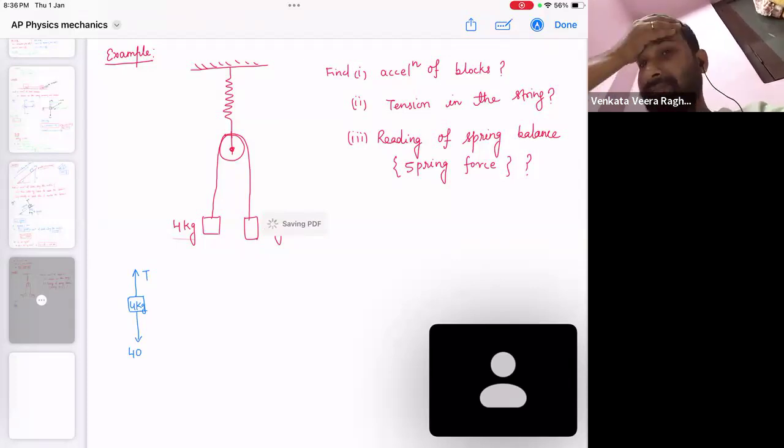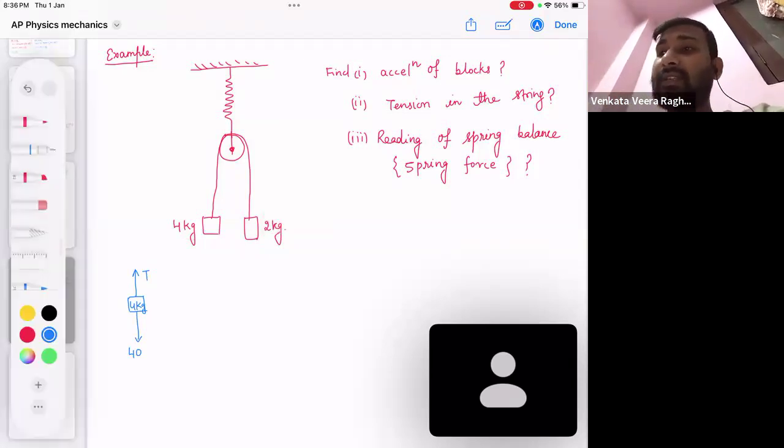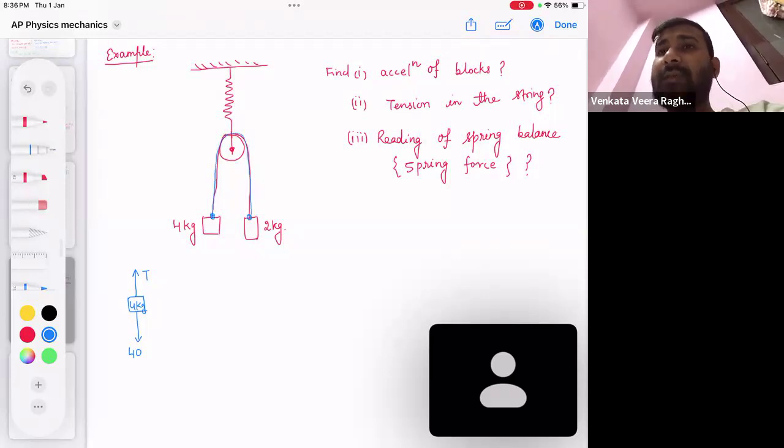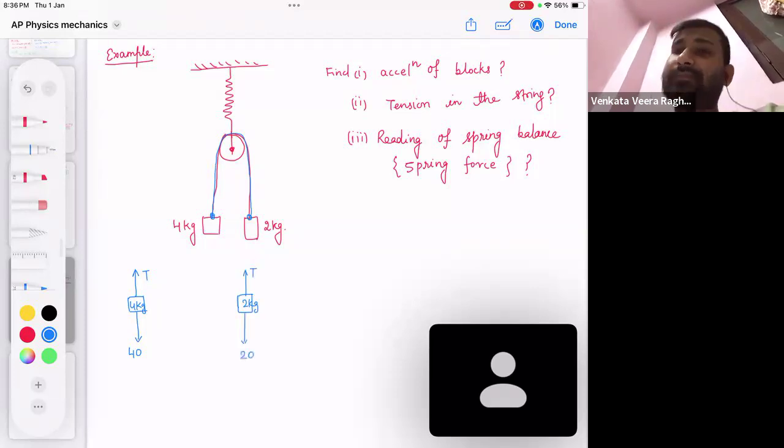Same ideal string, and this string is passing over what kind of pulley? An ideal pulley. So can I say the same tension will be there from this point to this point? Every point on the string is going to have the same tension. So if I draw the free body diagram of the 2 kg block, can I say here tension is T and here is 20 Newton?